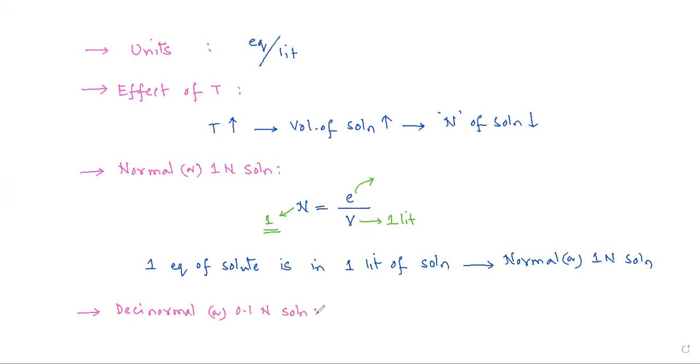Decinormal or 0.1 N solution. 0.1 equivalent of the solute is in 1 liter of the solution. That is what the decinormal solution is.